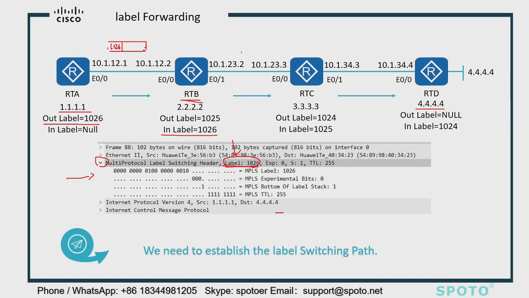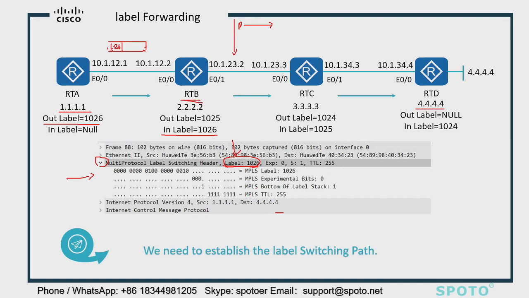When the router searches the MPLS forwarding table from top to bottom, if the first entry can match the destination, the router can forward it directly. It doesn't need to search the whole forwarding table. It can just directly forward it after the device finds one entry that matches.